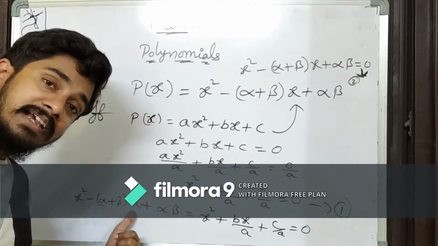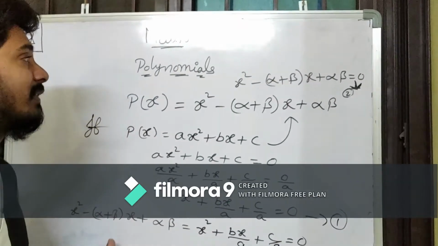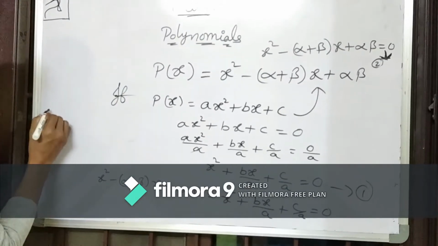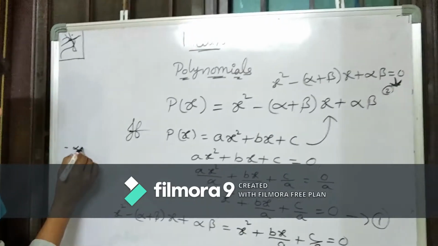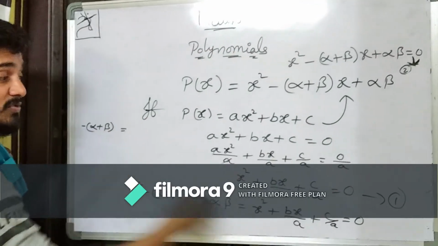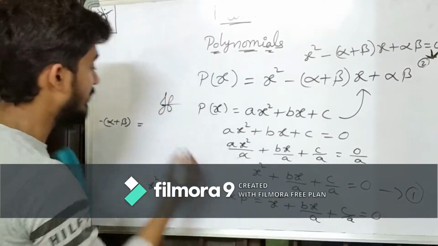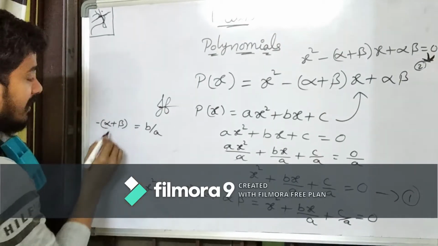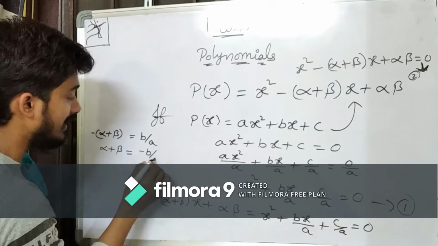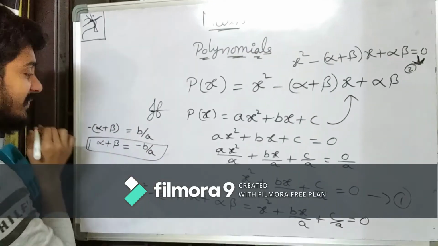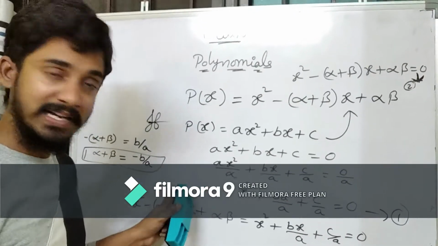Next, in LHS the x coefficient is minus (alpha plus beta), and in RHS the x coefficient is b by a. So minus (alpha plus beta) equals b by a, so alpha plus beta equals minus b by a. The sum of the zeros of a given quadratic equation is minus b by a.